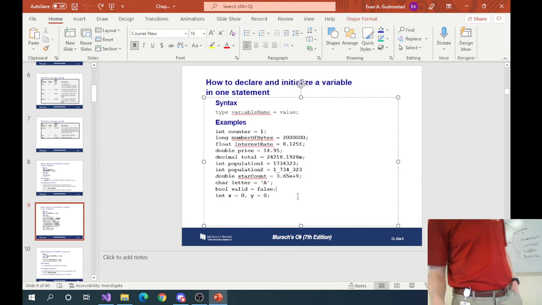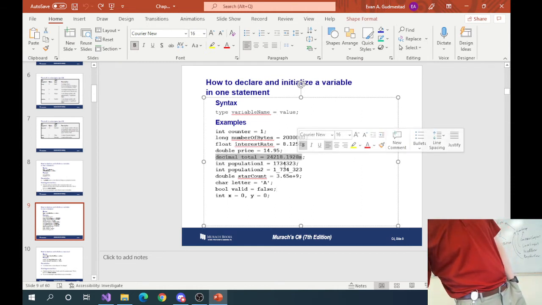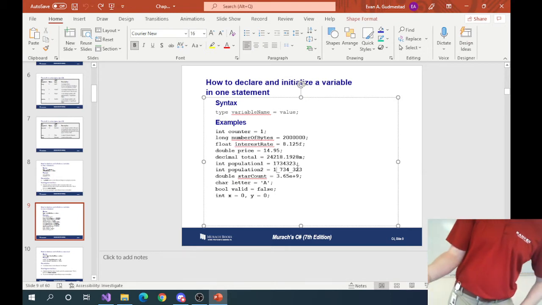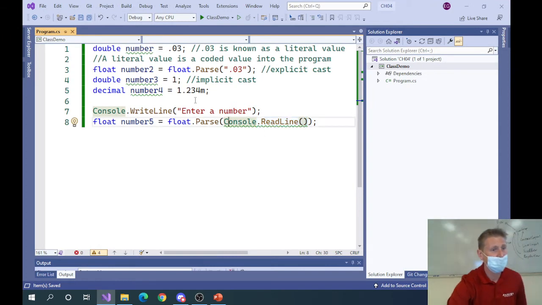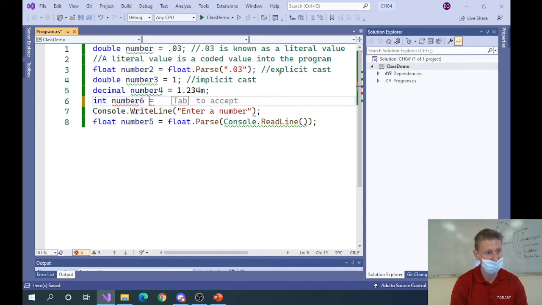Just a reminder: chars go in single quotes, strings go in double quotes. Sometimes you need to do some casting, right? One common mistake is when a new coder wants to store a number like 1000 in an int. So int number6 equals, they do something like that.